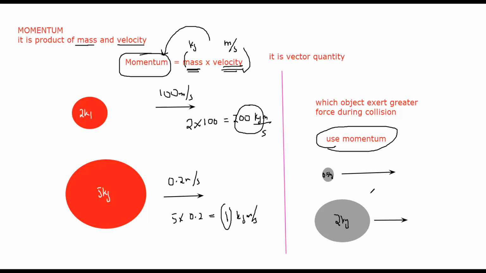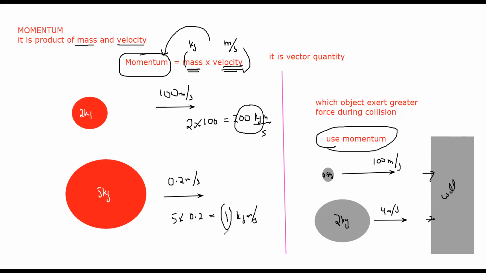The 0.5 kilogram object is moving with 100 meter per second, and the 2 kilogram object is moving with 4 meter per second. If the question is which object will have greater impact when it collides with a wall, or which object will exert greater force when it collides with a wall, how can you identify?